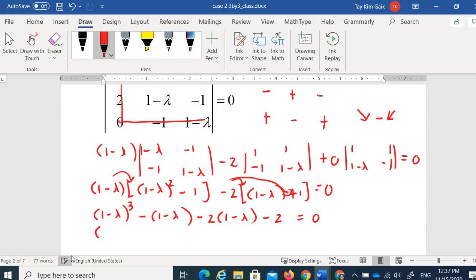So in total you have 1 minus lambda cubed, so minus 3 times 1 minus lambda, minus 2 equal to 0.